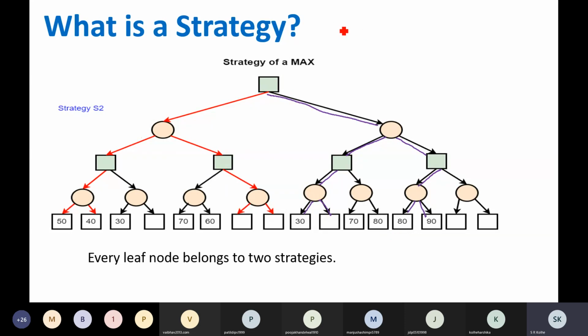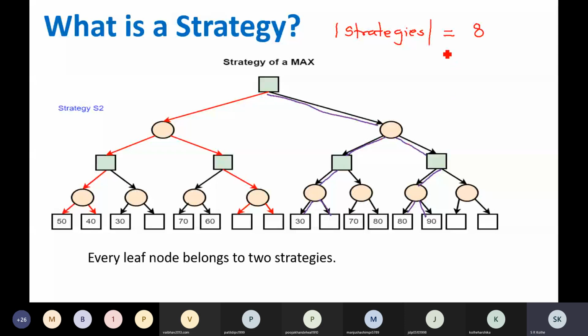Number of strategies. How to find out number of strategies? For example, if your game tree is 4-ply game tree, number of strategies are 8. So can we generalize this? Can we find out number of strategies for a given game tree?